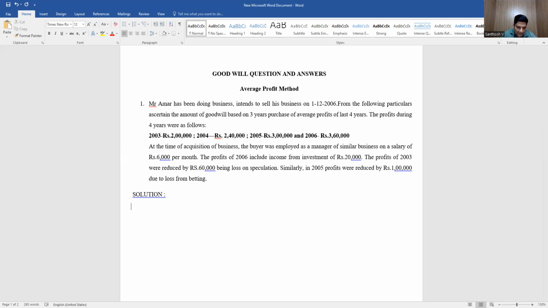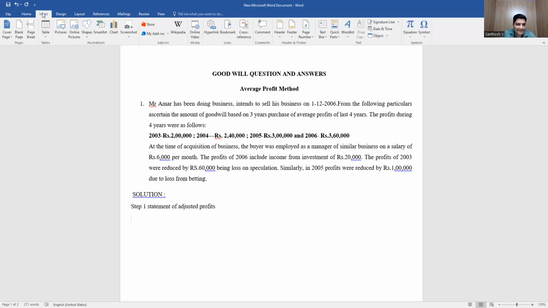So step number one is the statement of adjusted profits. Under the statement of adjusted profits, we have to provide 5 columns. I'm going to provide the 5 columns now.